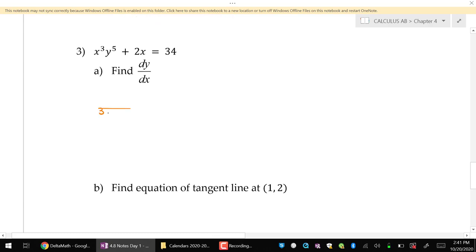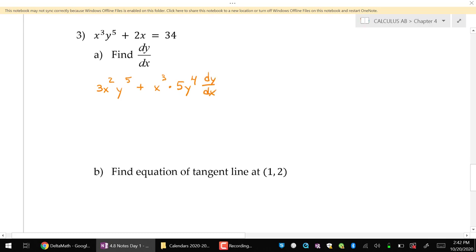3x squared, derivative of the first times the second plus the first times derivative of the second. And there's a y piece, so I need the chain rule, dy dx. Derivative of 2x is 2, simply equal to 0.